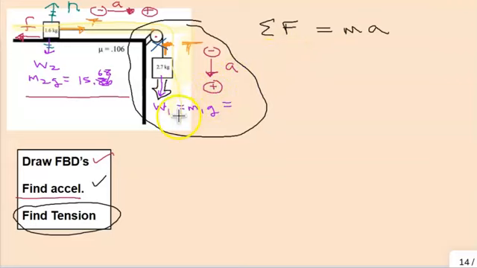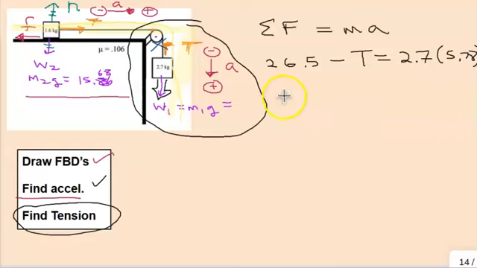All right, so we have the weight of this block, which we already calculated was 26.5. I erased it. Minus the tension, and that's what we care about now, equals m, but now the m is just the 2.7. That's the only thing in our system. And then a was positive 5.78 because we defined down as positive.